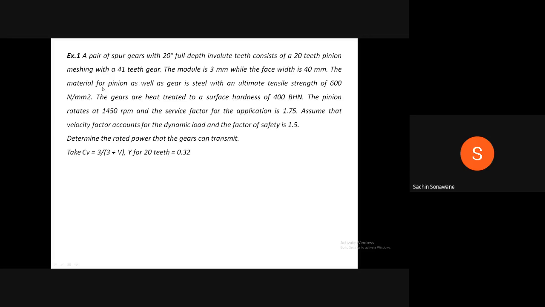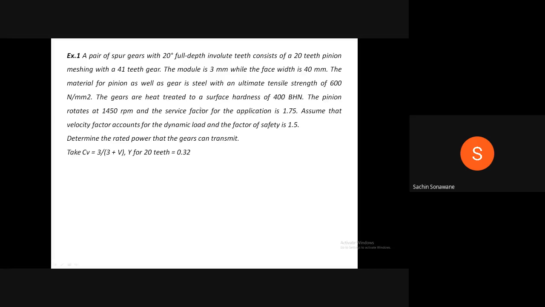The material for pinion as well as gear is steel with an ultimate tensile strength of 600 Newton per mm square. The gears are heat treated to a surface hardness of 400 BHN.